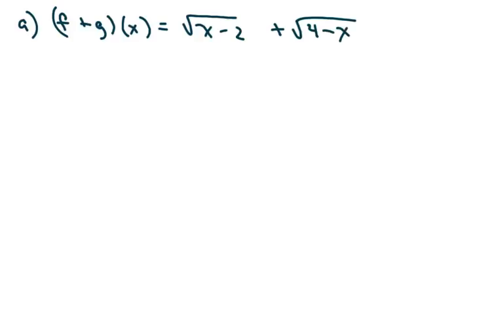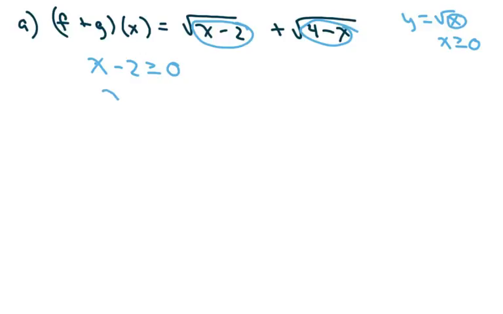Now we have the issues with the square root parent function, where the value inside has to be greater than or equal to 0. So we set both of these pieces to be greater than or equal to 0. We have x minus 2 greater than or equal to 0, so x is greater than or equal to 2.